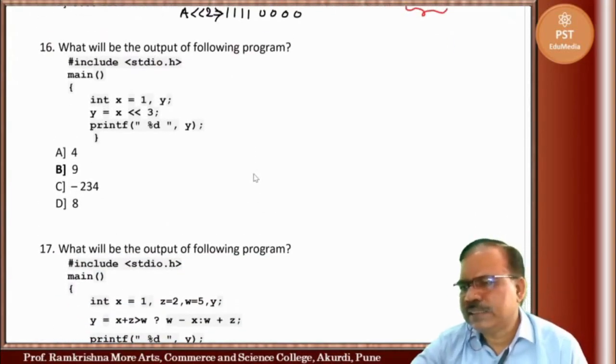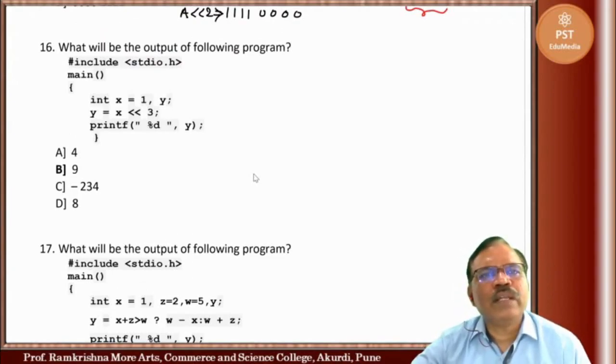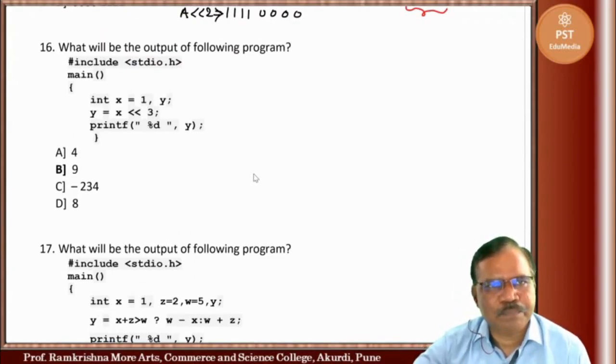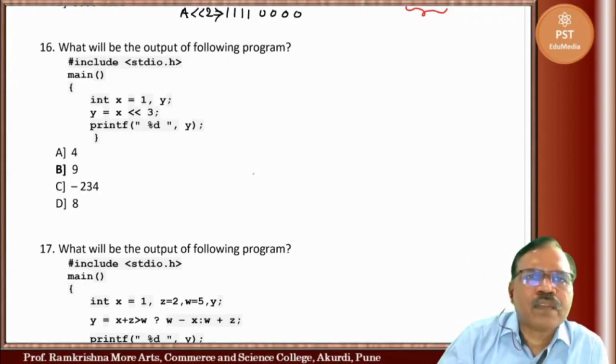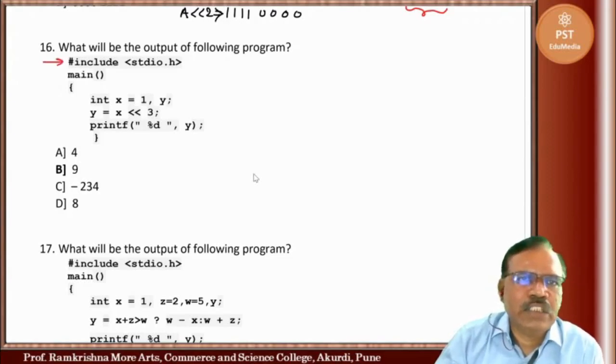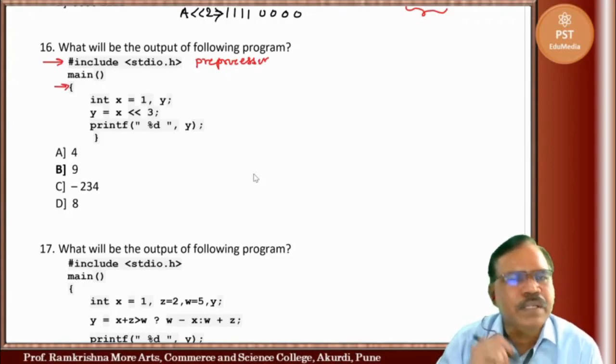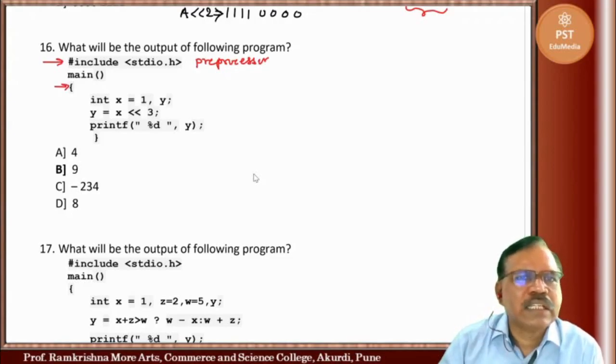Now next one, the 16th one. What will be the output of the following program? So we have here hash include stdio.h. This is the preprocessor, we know. Then the main function. Then here we have opening braces, int x equal to 1, y equal to x less than 3.